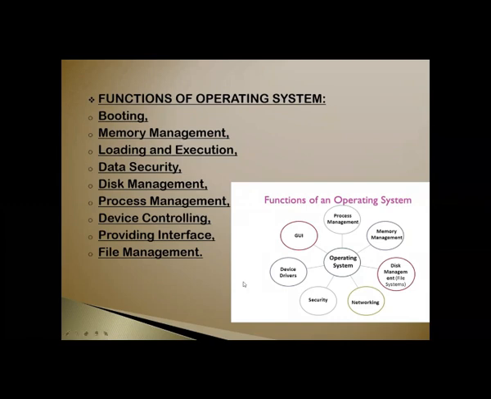The functions of the operating system are booting, memory management, loading and execution, data security, disk management, process management, device controlling, providing interface, and file management. Each and every task related to the computer is controlled by the operating system. It means the operating system is the sole controlling power of a computer.